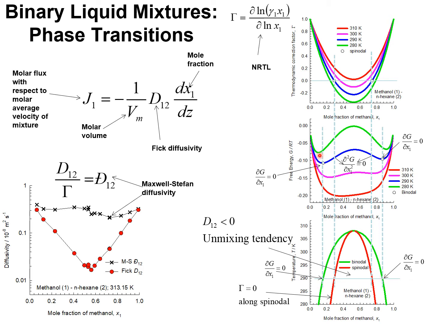So plotting the minima in the Gibbs free energy versus composition curves, we can construct the binodal curve. The red line represents a spinodal curve. These are points at which the thermodynamic correction factor is 0. This is the same as stating that the second derivative of G with respect to the mole fraction is 0. So those are the points representing the spinodal curve.